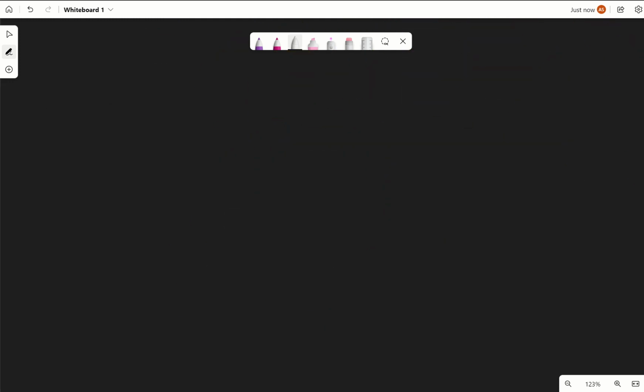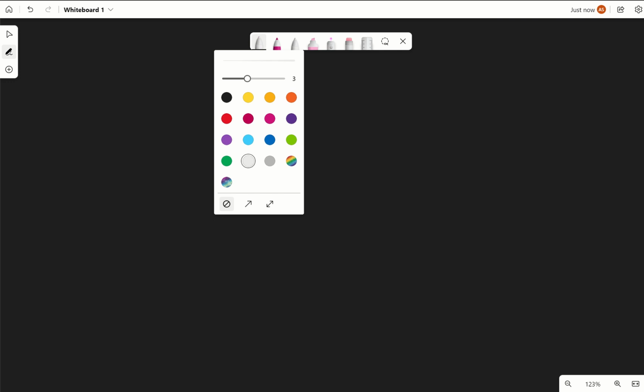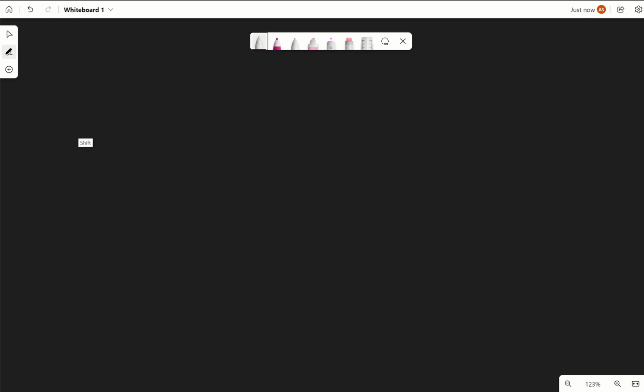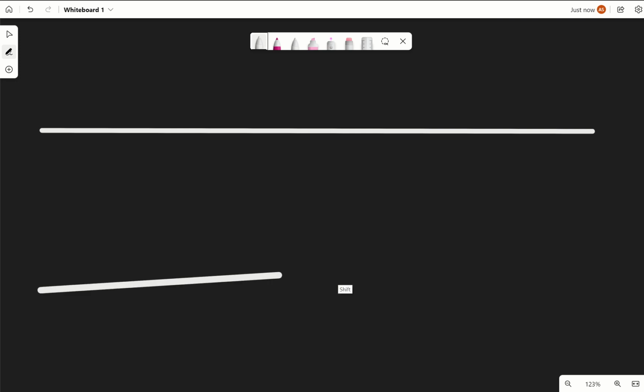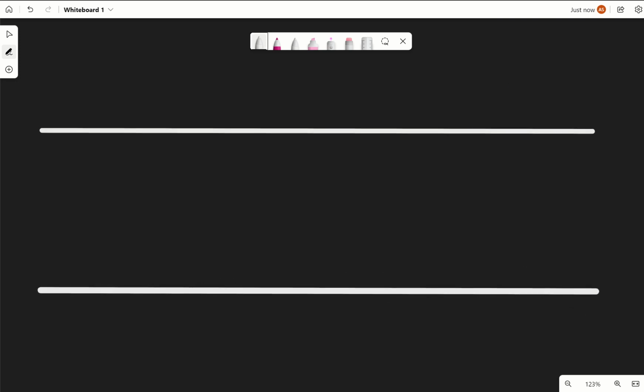Exactly. So let's say that we know all this information. We know all the things we know up here. And I give you a transversal that looks like this.